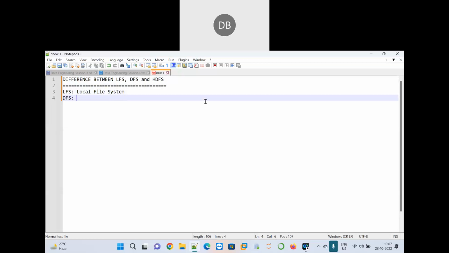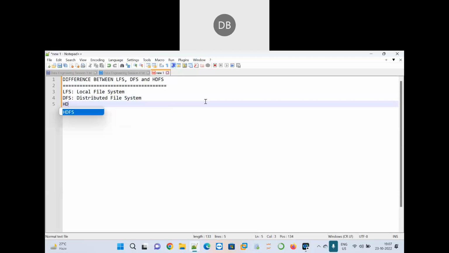DFS stands for distributed file system. HDFS stands for Hadoop distributed file system. Okay.